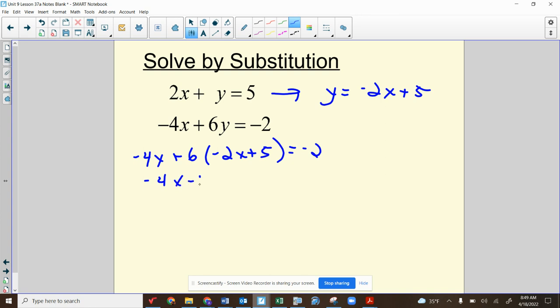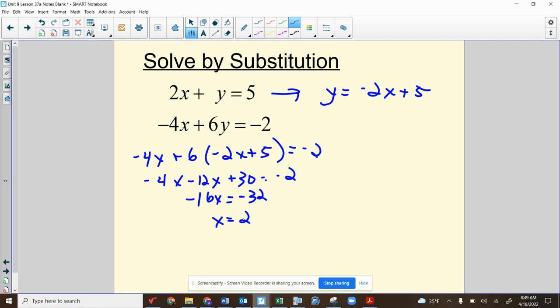So negative 4x minus 12x plus 30 is equal to negative 2. So if I combine those two together, I'll get negative 16x. Subtract the 30 to the other side, and I'll get negative 32. And then divide by negative 16. So you get x is equal to 2.